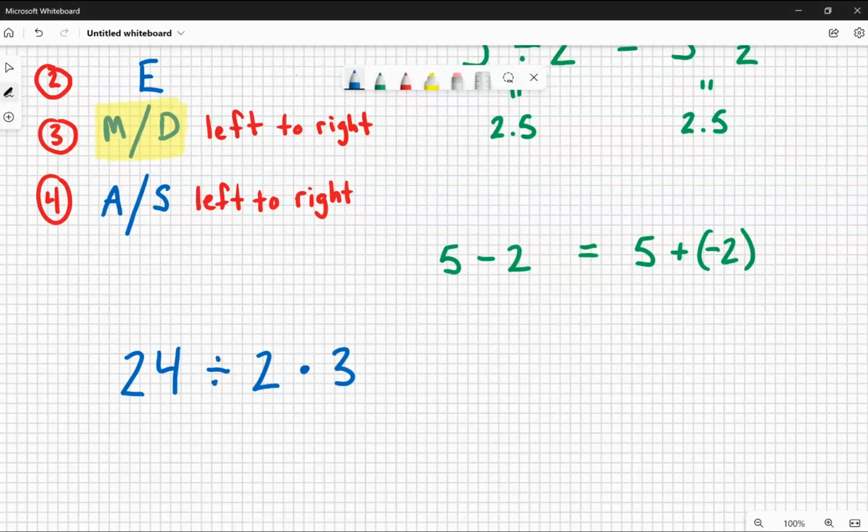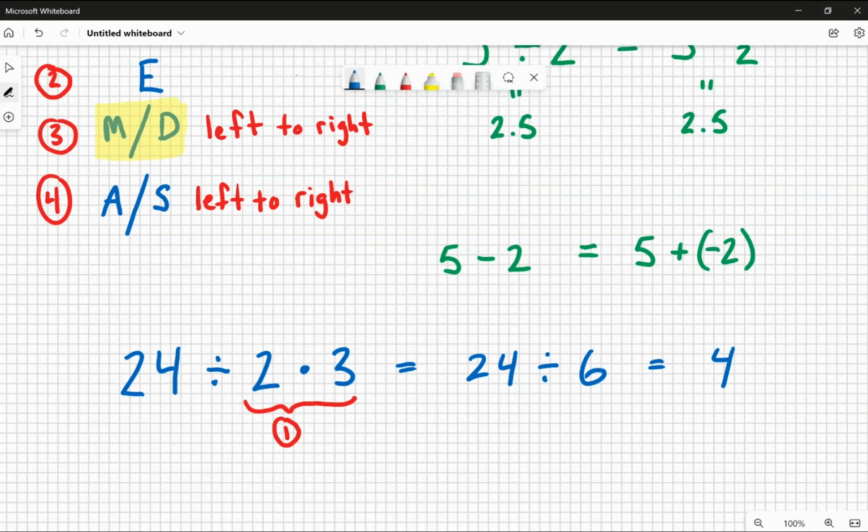Well, if you're following PEMDAS, it may seem like the first step would be multiplication, in which case you would get 24 divided by 6, which would be 4.